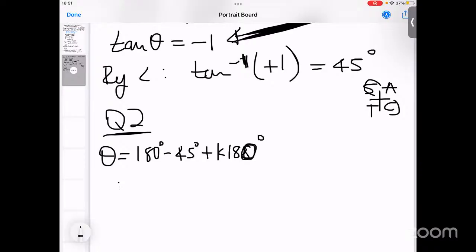Yes, then you end up having that and that. It gives you 135 plus k times 180 degrees, with k being an element of the integers there. So I hope that part makes sense.